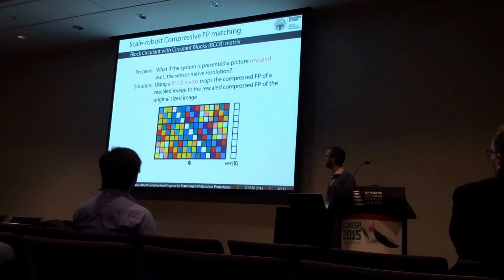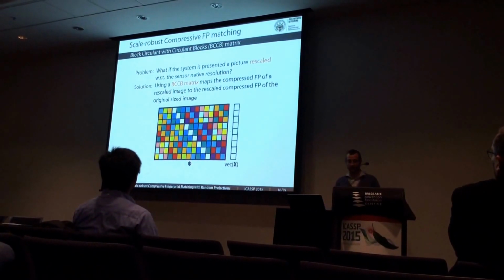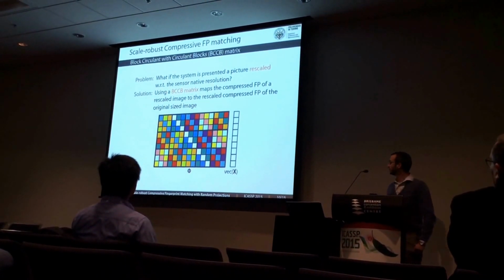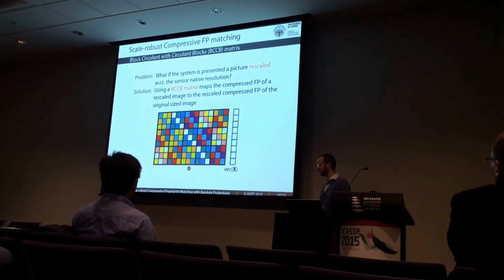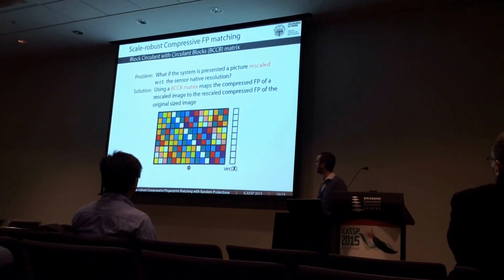The result is a BCCB matrix that, of course, now we need to multiply by the vectorized version of the fingerprint of the image, as we did before.